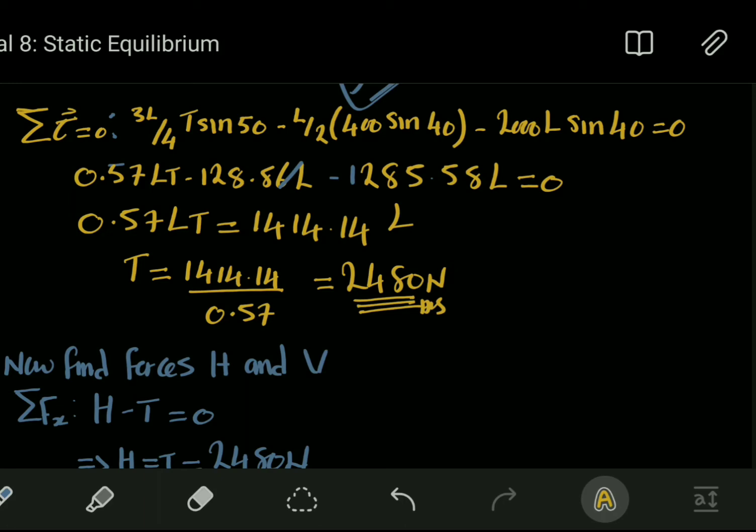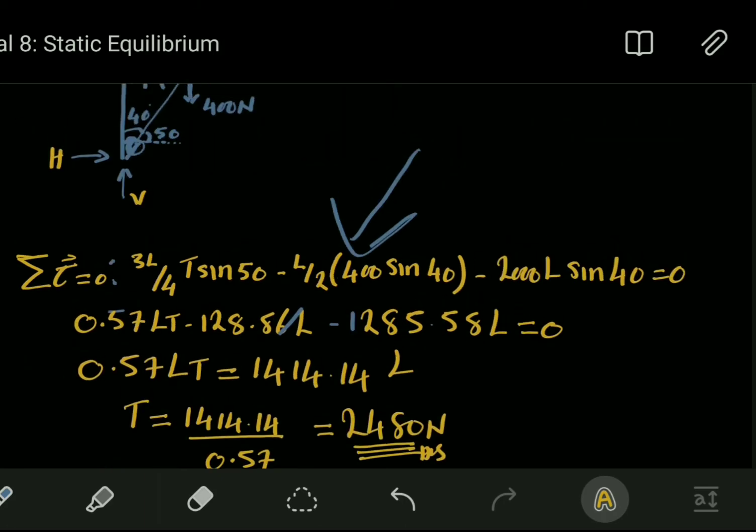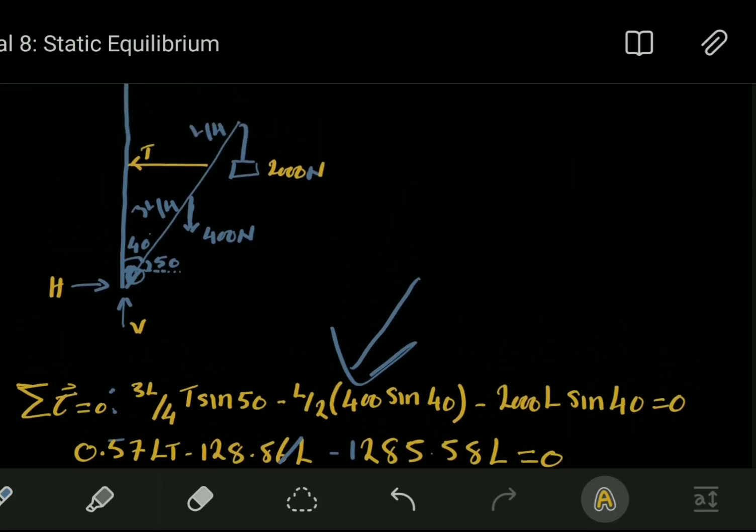Okay, so now that we have found T, our tension, we can go ahead and find the forces H and V. We have to note that the sum of the forces in the X must also be equal to 0, the first condition of equilibrium. So in the X here, we have the tension acting in the negative X-axis, and also H acting towards the positive X-axis.